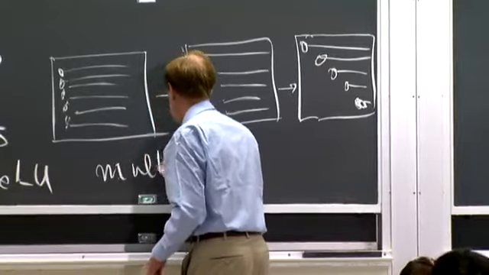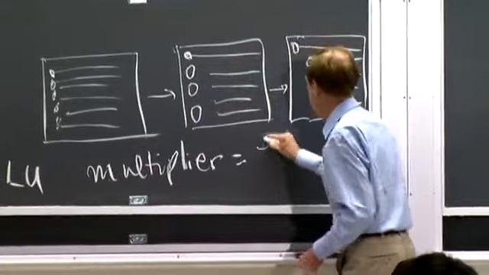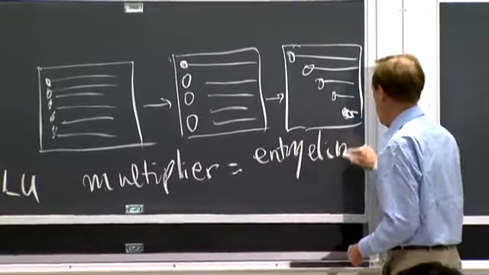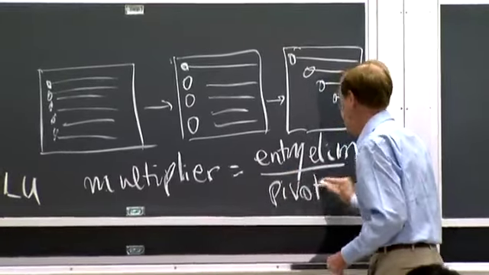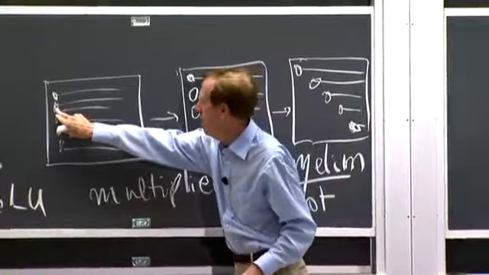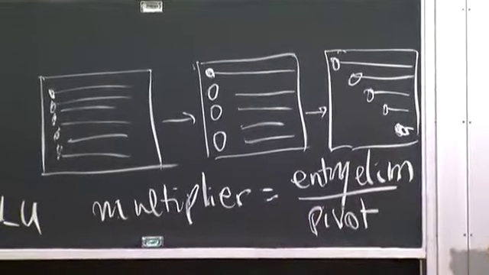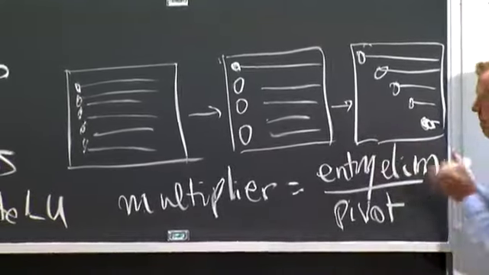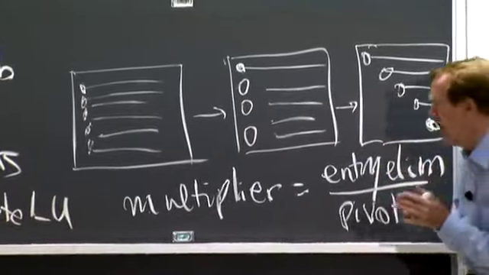So let's remember, the multiplier is the entry to eliminate divided by the pivot. So if that entry to be eliminated is smaller than the pivot, then the multiplier is less than 1 and things stay stable. Okay, so that's a first picture of elimination.